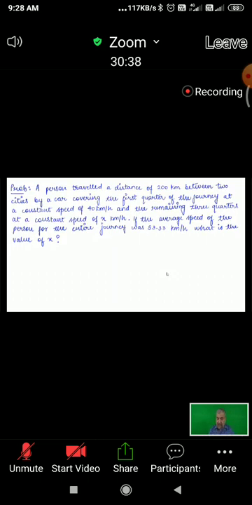A person traveled a distance of 200 kilometers between two cities by a car, covering the first quarter of the journey at a constant speed of 40 kilometers per hour and the remaining 3/4 at a constant speed of x kilometers per hour. If the average speed of the person for the entire journey was 53.33 kilometers per hour, what is the value of x? So try this question.